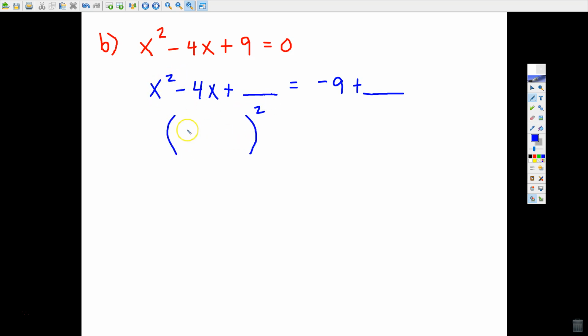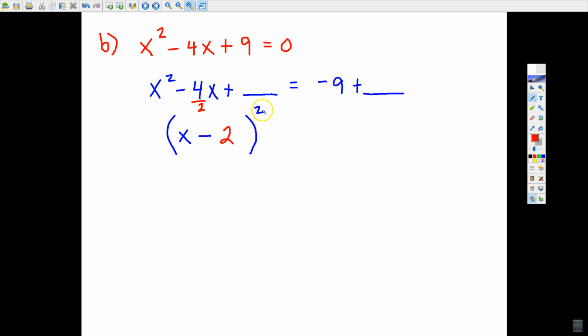The square root of x squared minus, because the sign just comes down. And then once again, you always divide what's in front of x by 2. 4 divided by 2 is 2. Okay? Now, to know what the number is that completes the square, you just take the number that you came up with in the parentheses and square it.